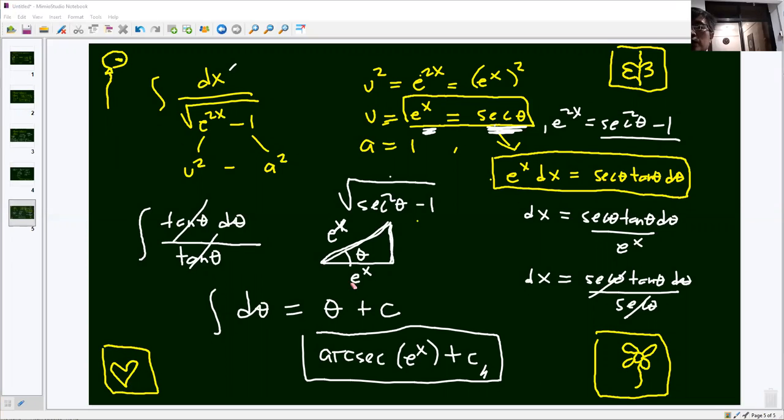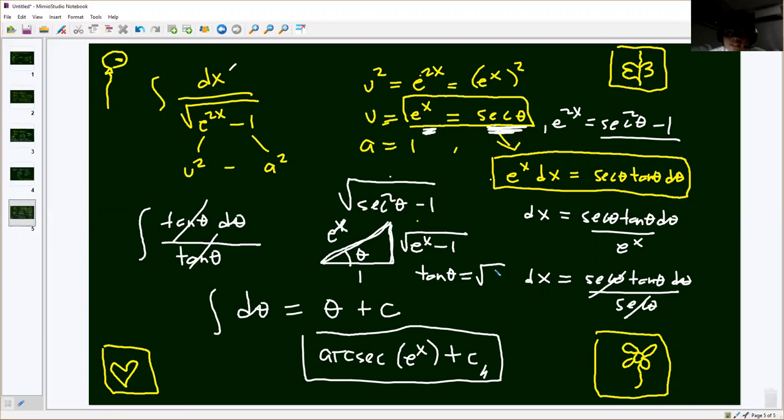Ang sagot nila is in terms of arctan. No problem. So this would become what? If that's the hypotenuse, this is square root of e to the 2x minus 1. Do you agree? So what is tangent in this case? Opposite? Sir, e raised to 2x minus 1. Yeah, square root.